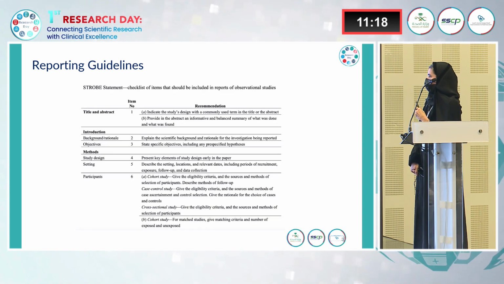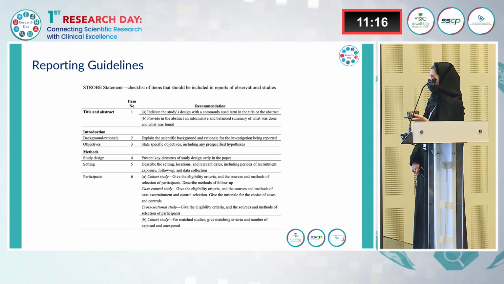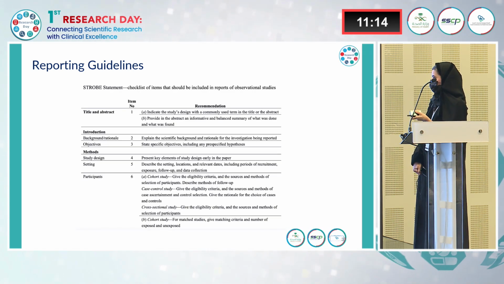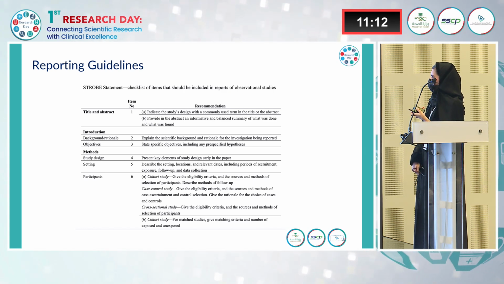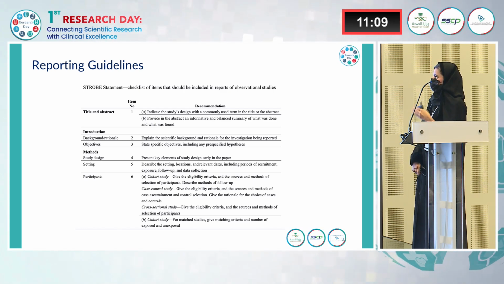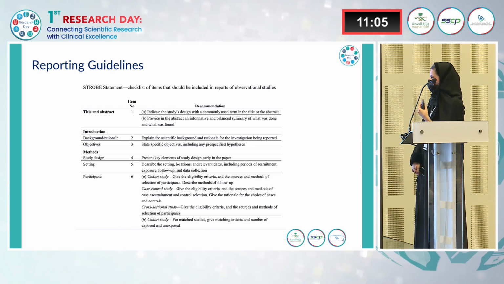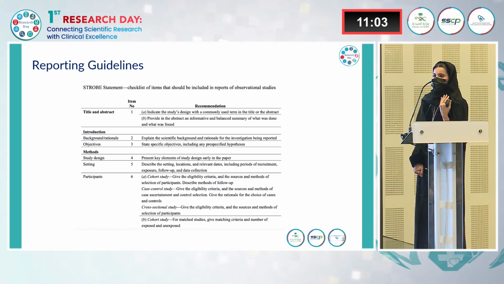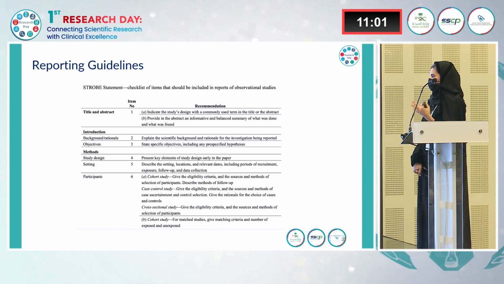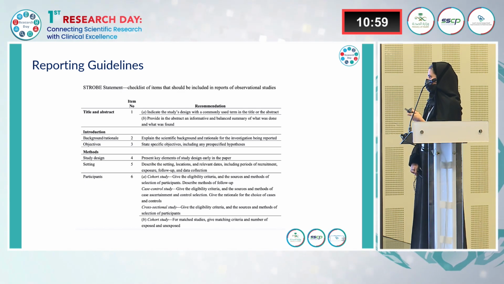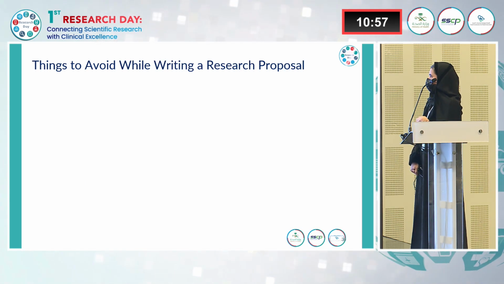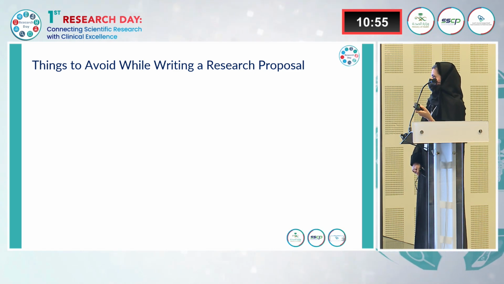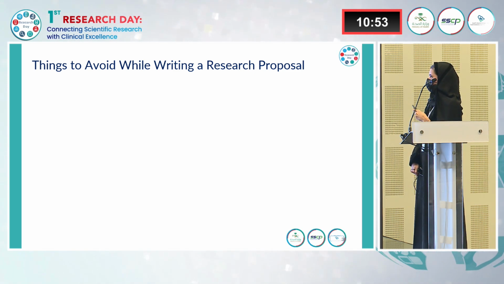And we also have the STROBE checklist for cohort studies. If you look at the title and abstract, they indicate that the study design should be written in the title and so on. So they give you hints on how to make your manuscript better written. We also have the PRISMA guideline for systematic reviews and meta-analyses and so on.